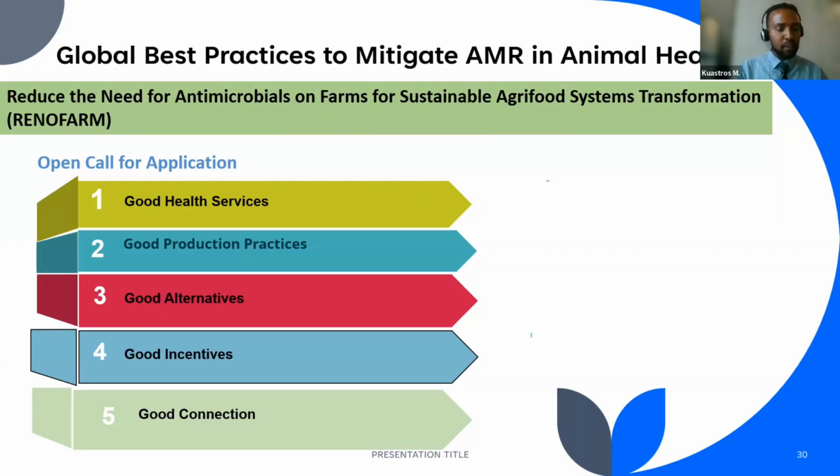The basic principles are five: good health service, good production practice, good alternatives, and also incentivizing farmers who are implementing good animal husbandry to reduce antimicrobial use, and connecting farmers to learn from each other. So these are the two best global initiatives currently under implementation at FAO level.